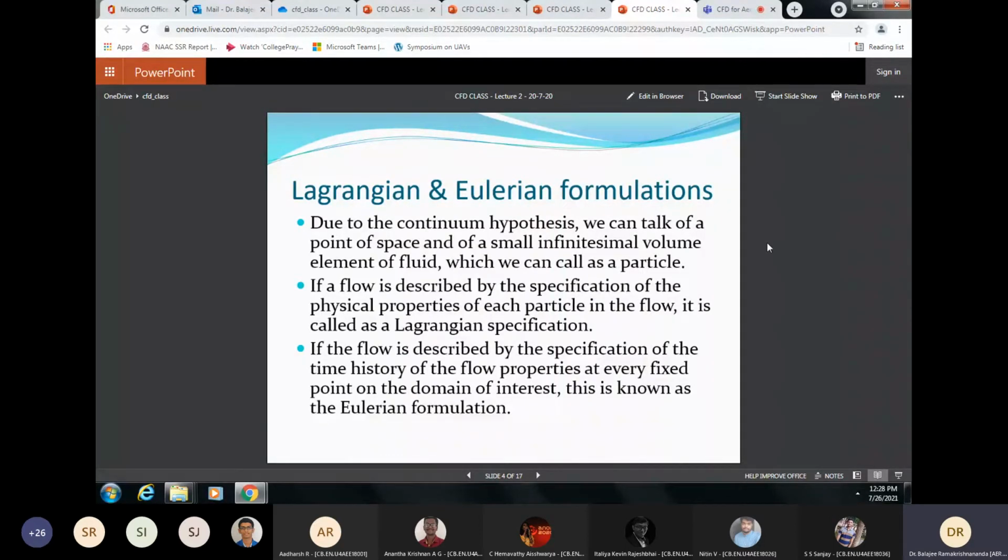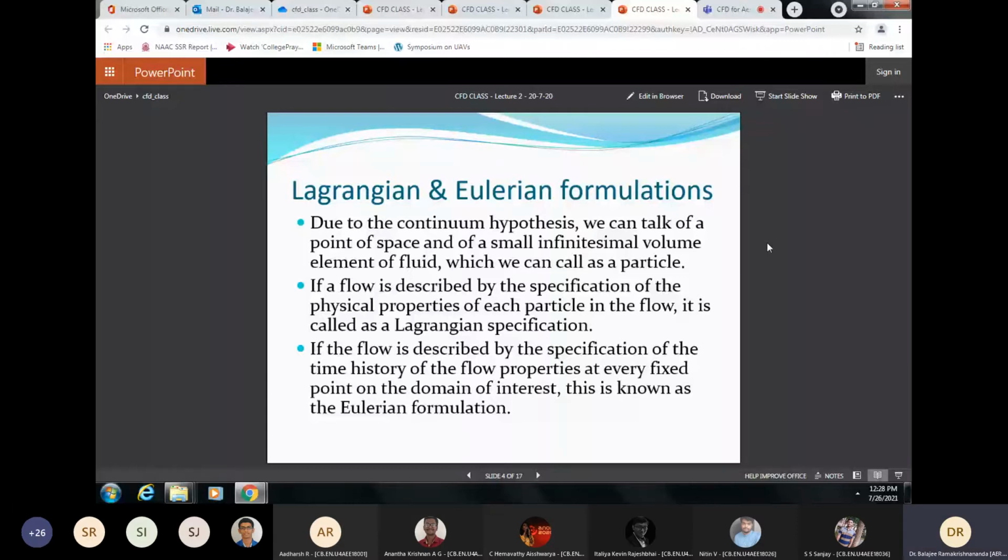For every small element of this volume, it can have different particles at different times. But then on that space, how does velocity vary? How does pressure vary? How does temperature vary? How does density vary? That kind of formulation is known as Eulerian formulation.